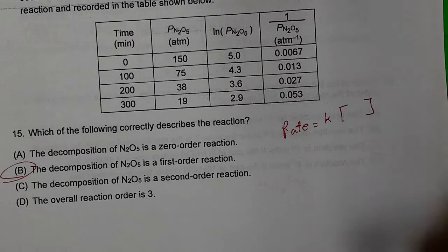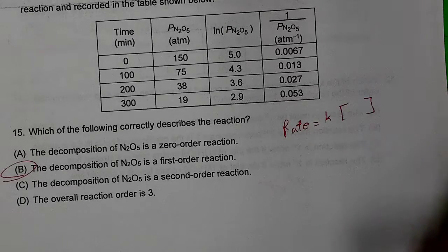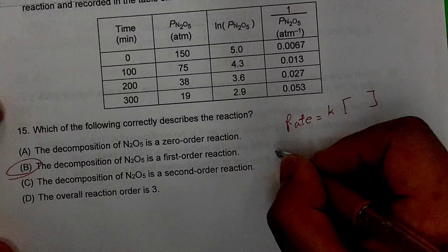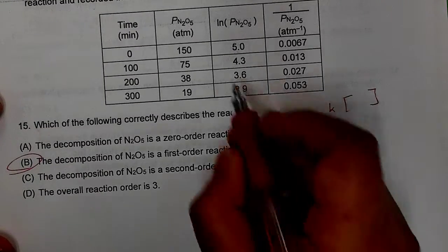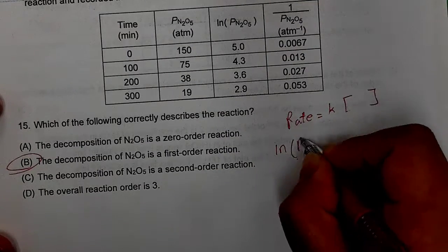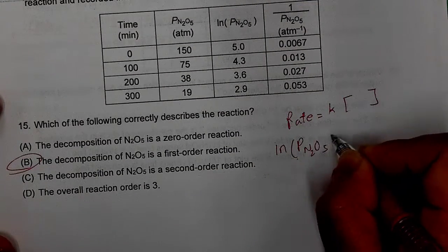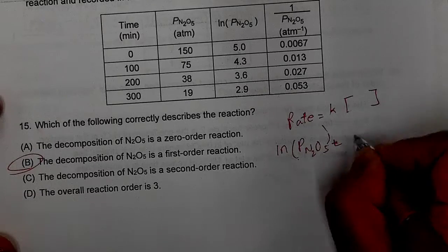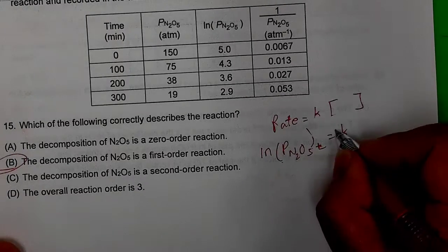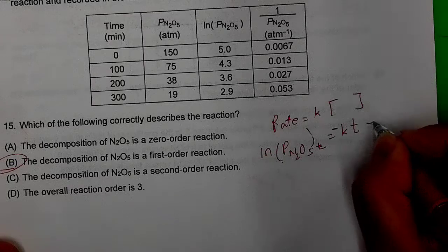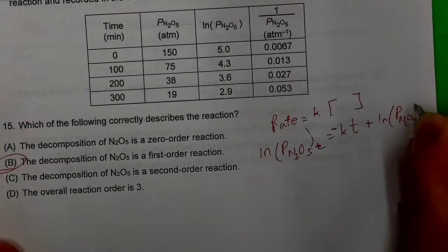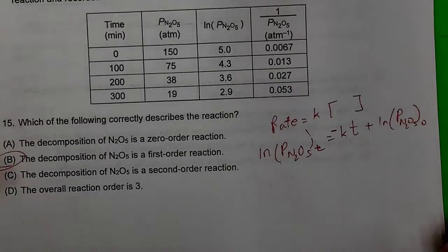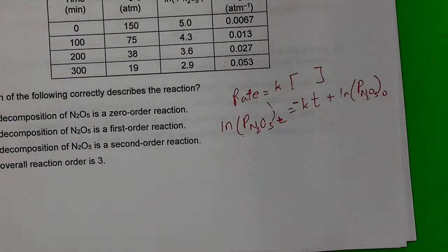So you use the linear integrated equation. ln of P(N2O5) at time t is equal to negative kt plus ln of P(N2O5) at time 0.